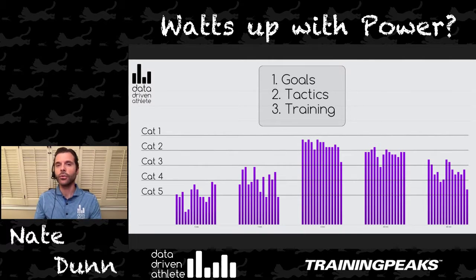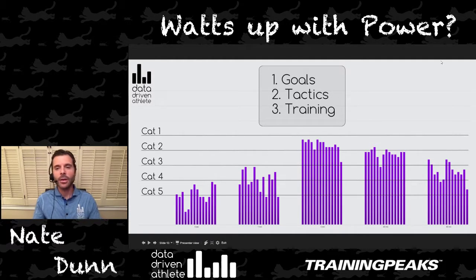It doesn't tell you about things like riding efficiently in a pack, cornering well, and making good tactical decisions. But it does give you a pretty good overview, a pretty good ballpark, of what I need to do to ride at this level, or to eventually get an upgrade.